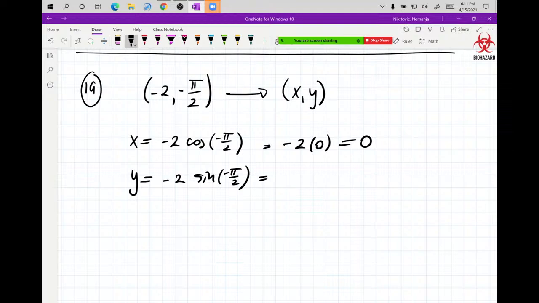In the second equation, we have the odd function, so the minus goes outside and makes that positive 2. And then sine of pi over 2 is 1, so this is 2. And the point is x comma y.